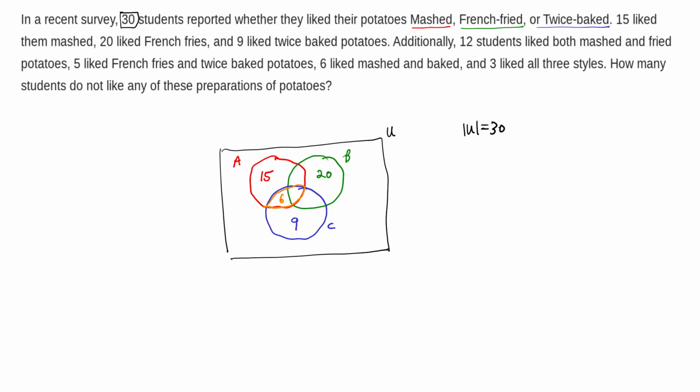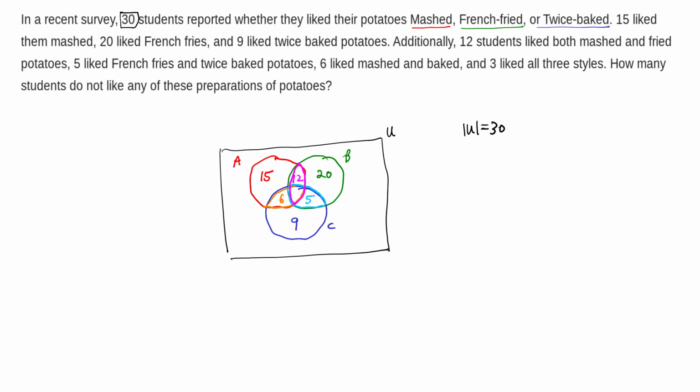Then over here, this is the twice baked and the fries. Twice baked and the fries, there are 5 in this overlap. And we have a color that we haven't used, a fuchsia or magenta. In this overlap, this is the fried and the mashed. Fried and mashed, that's 12.